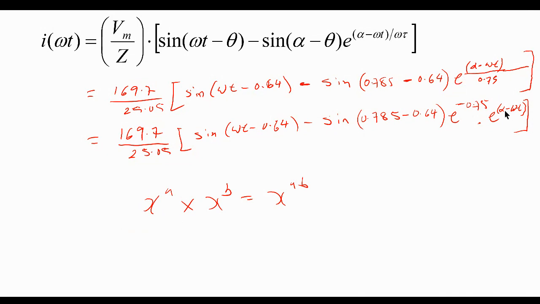This component, e to the alpha minus omega t, this is it. And I have e to the minus 7. So that's basically what I did. Just break that up.